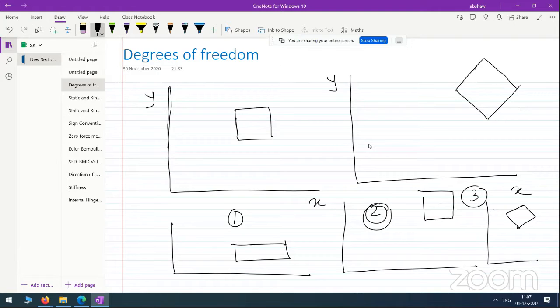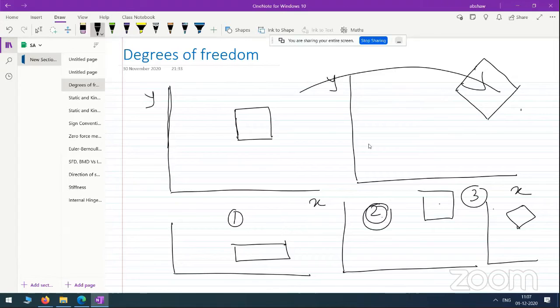So we need three independent movements to characterize the motion of this body, the movement or the deformation of the body. In the context of the present course, motion may not be the correct word. So in this case, the degrees of freedom is 3.